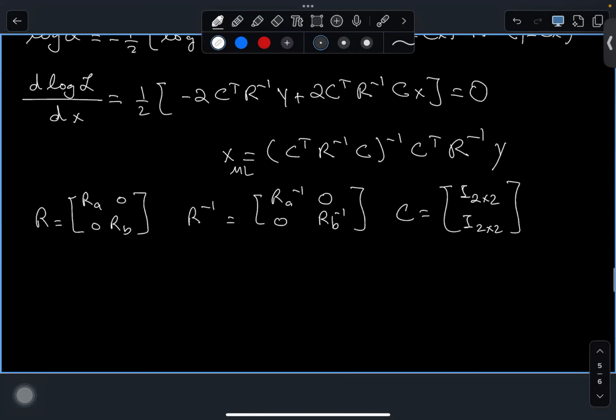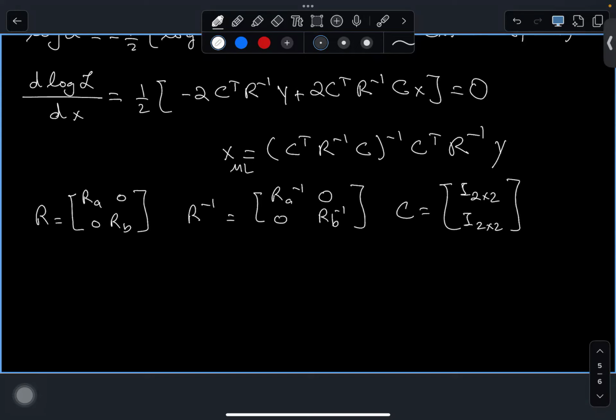So let's multiply these out so we understand the meaning of this equation here, which is what I'm after. All right, so let's see, what is C transpose R minus 1? That's this matrix 2x2, 2x2 times R minus 1. So that's going to be this matrix.